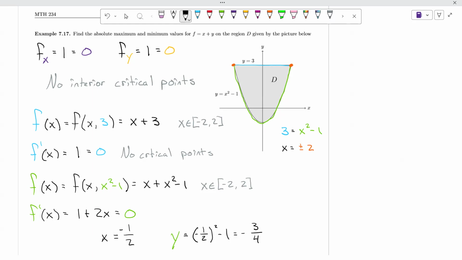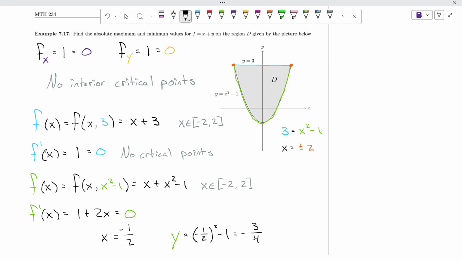So I have to parameterize both of those boundaries, meaning I'm going to get a function of a single variable or a single parameter, and then I have to take derivatives of those too. You can see I've color-coded them, the blue curve and the green curve. The blue curve just has y being 3. I plug that in, and then again take a derivative, set it equal to 0, but come up with no critical points.